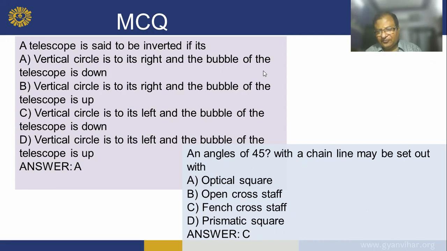And an angle of 45 degrees with a chain may be set out with which instrument? Tell me the correct answer. The correct answer is C, French cross staff.